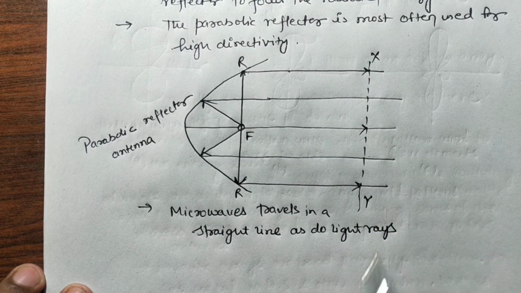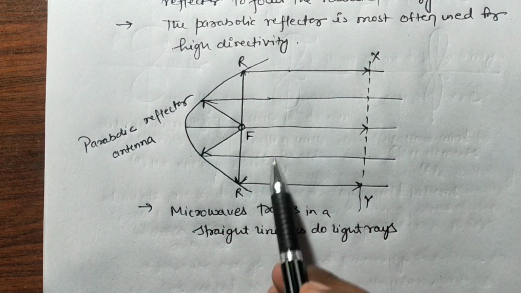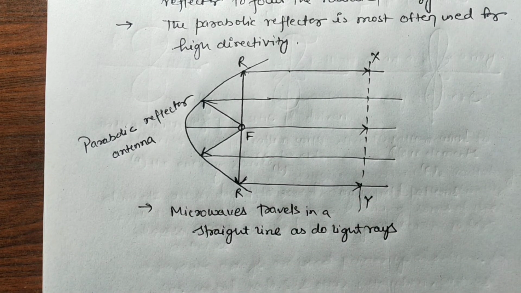Just as light rays travel in a straight line, similarly microwaves also travel in a straight line. So they can also be focused and reflected just like a light ray. And what I have illustrated by an antenna in this diagram, they follow the straight line. See, they all follow the straight line. The reflection is also on the straight line because microwaves travel in a straight line as do light rays.